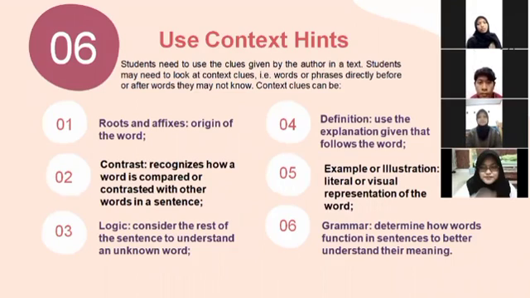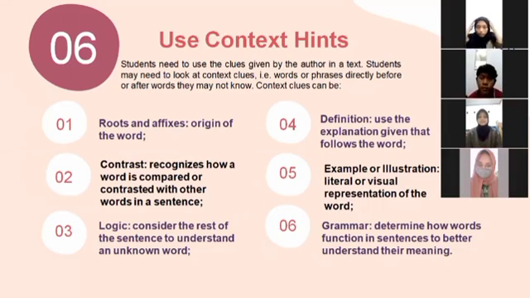Six, use context hints. Students need to use the clues given by the author in a text. Students may need to look at context clues, i.e. words or phrases directly before or afterward. Context clues can be, first, roots and affixes, the origins of the word.